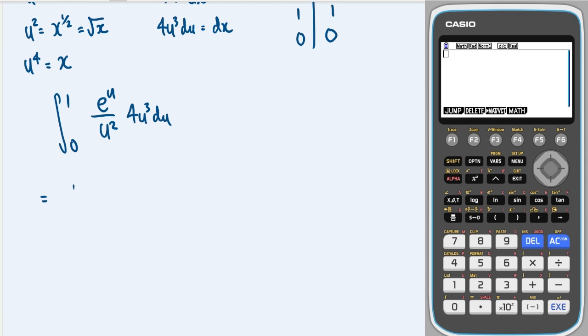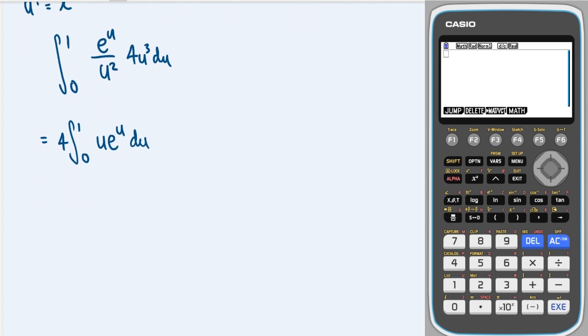Great. So this is 4, which can go outside of the integral. u cubed over u squared is just u. So this is u e to the u du. And this is where the parts is going to come into it.